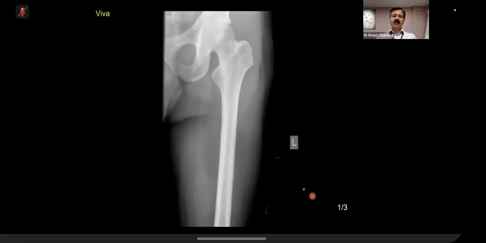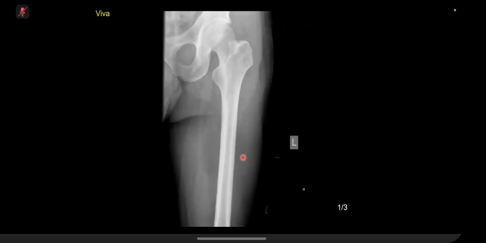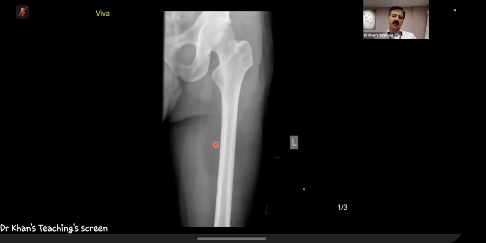Okay, anything in the soft tissues? Yeah, there's a fairly poorly defined area of what looks like increased translucency in soft tissues around the mid-diaphysis of the left femur. So you have picked up this thing, and so what is the conclusion?